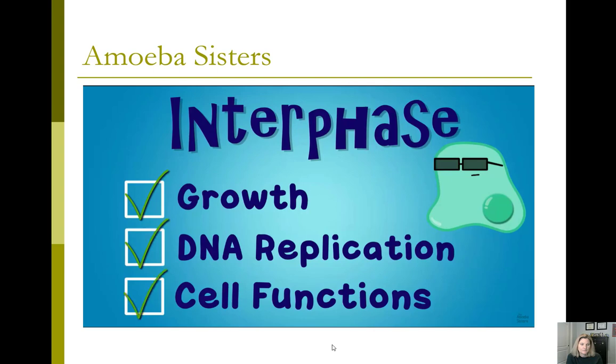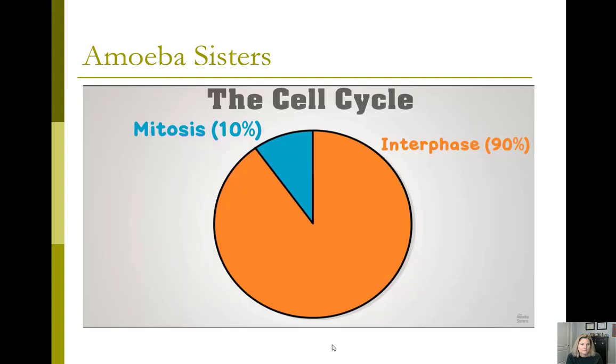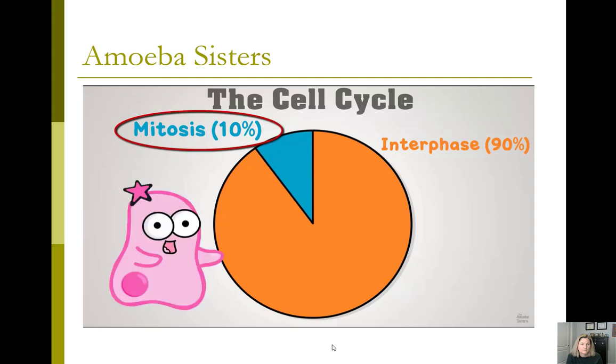That's where cells spend most of their time in respect to the whole cell cycle. Mitosis is a very short amount of time in respect to the whole cell cycle, but mitosis is a critical process because this is where it is going to divide and make more cells.